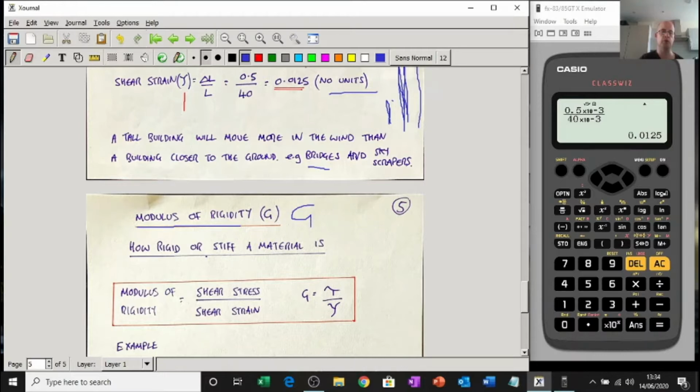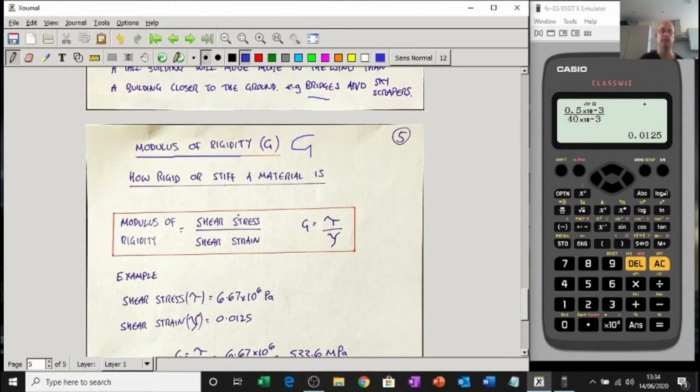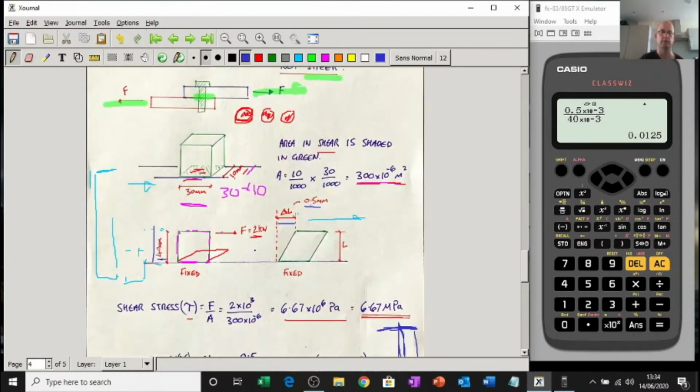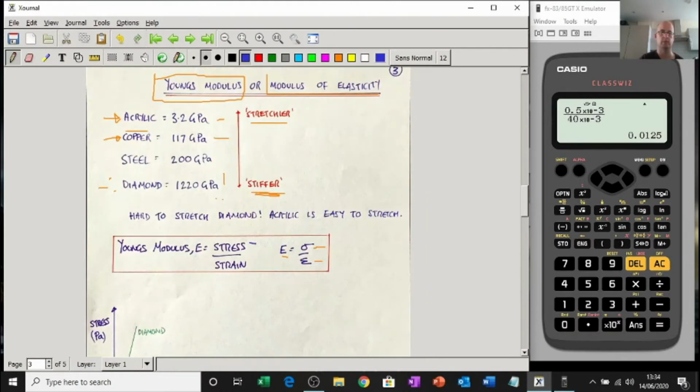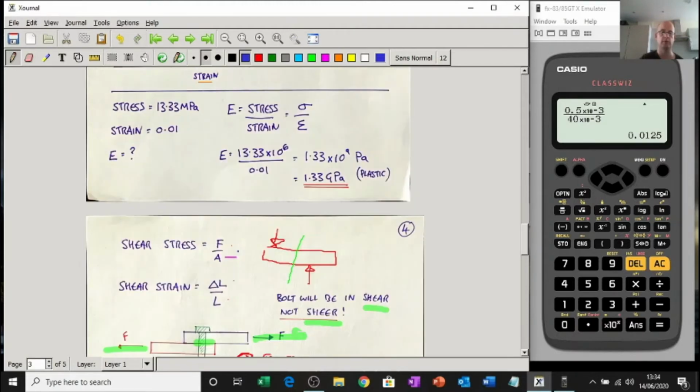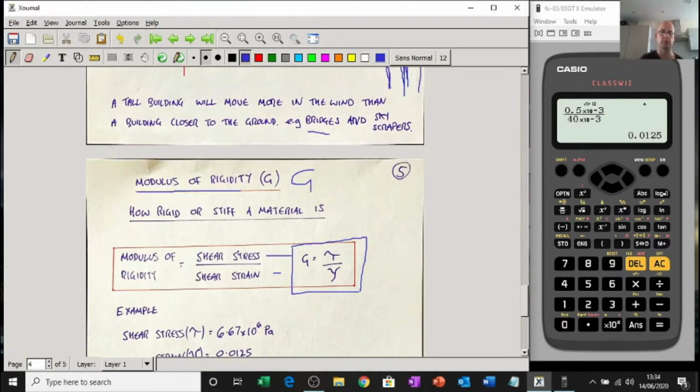So how rigid or stiff a material is. It's the same formula, shear stress over shear strain. That's the formula in Greek, those are the symbols. Same thing as Young's modulus, stress over strain. This is tension or compression. This is shear. So shear stress over shear strain.